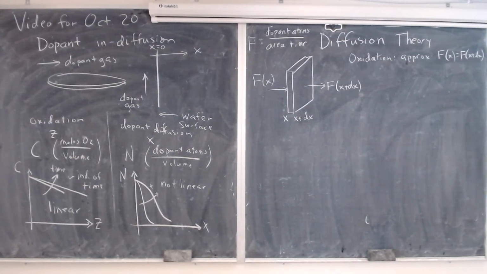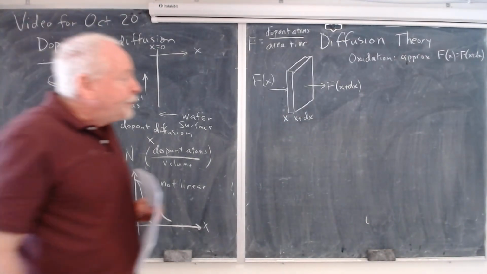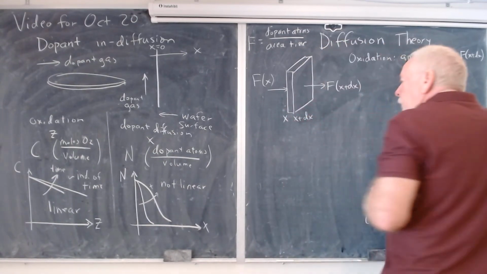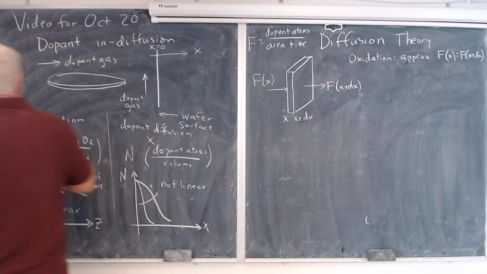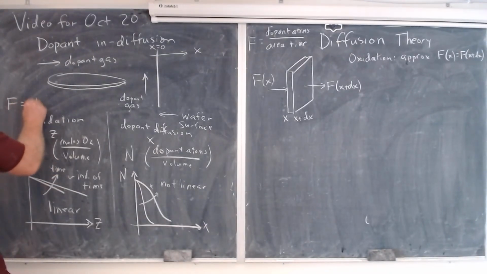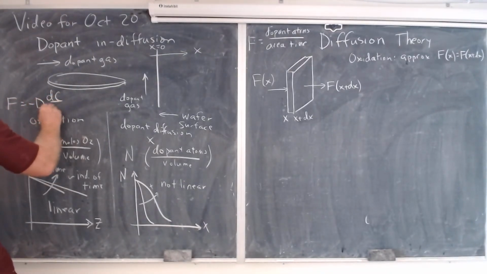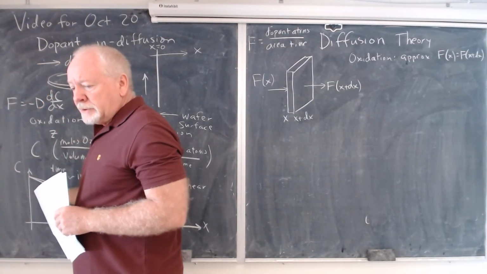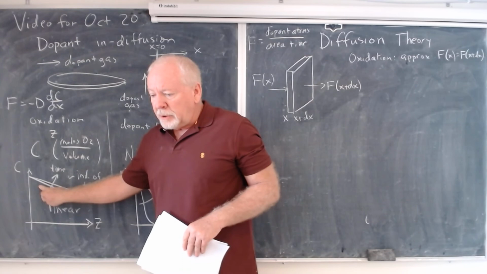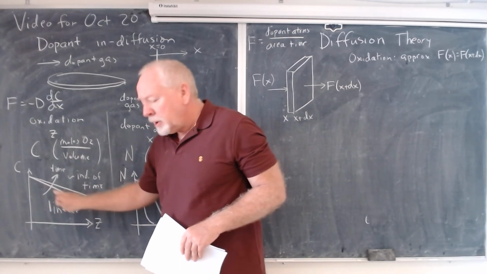Because remember, F is negative D dC/dx. It's the slope. And for oxidation, we approximated that the slope at any given time is the same.